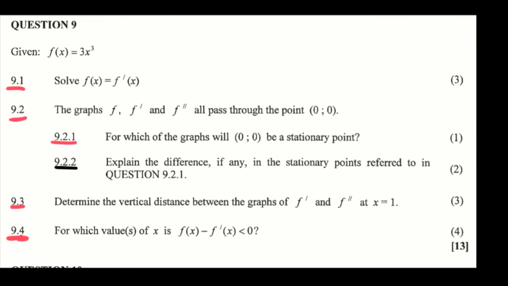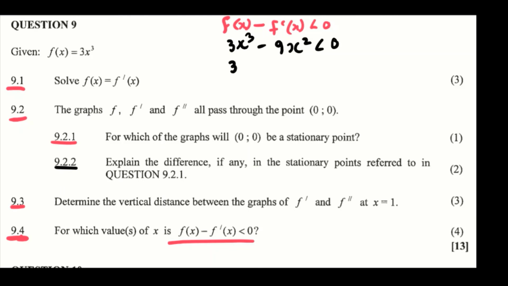9.4, for which values of x is f of x minus f prime of x less than 0. So f of x minus f prime of x less than 0. What is our f of x? It's 3x cubed minus our f prime of x, which is 9x squared, less than 0. So you're going to factorize 3x squared into x minus 3 less than 0.